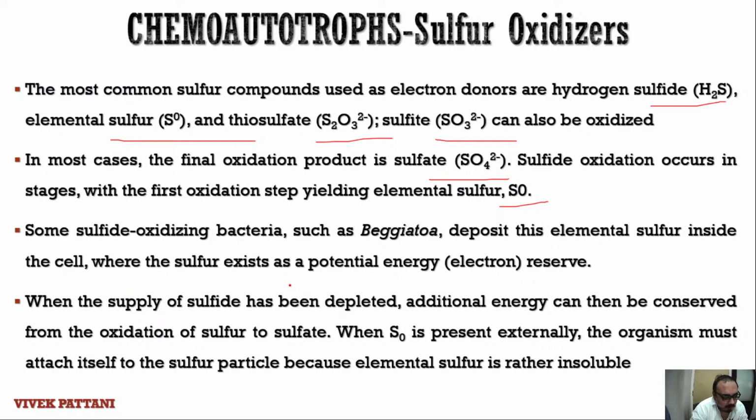So when the supply of sulfide has been depleted, additional energy can be conserved from the oxidation of sulfur to sulfate. When the elemental sulfur is present externally, the organism must attach itself to the sulfur particle, because elemental sulfur is an insoluble compound.